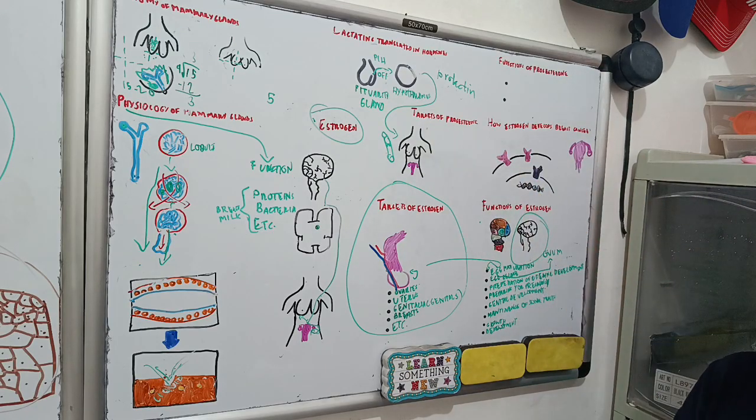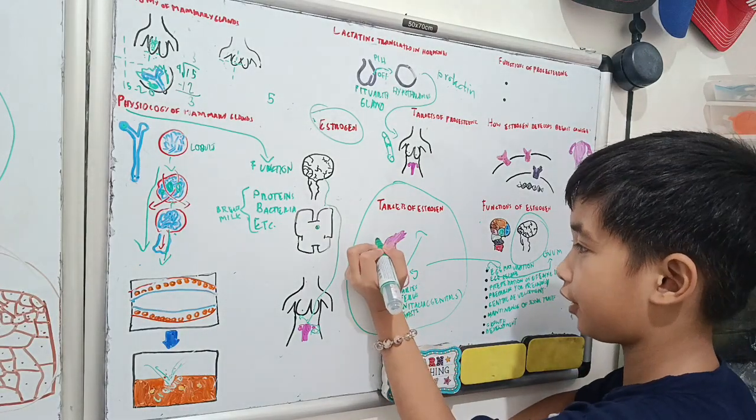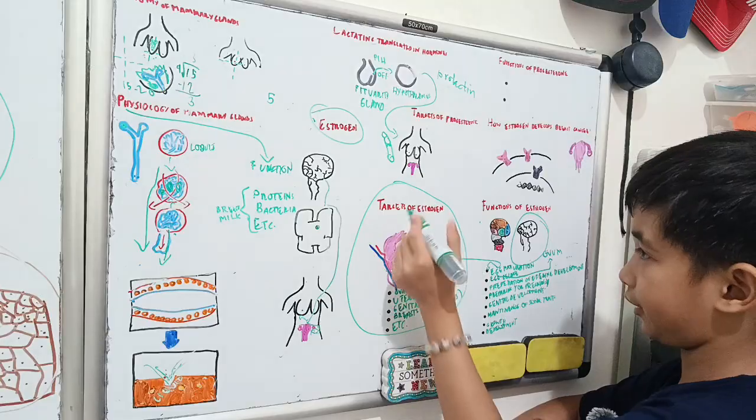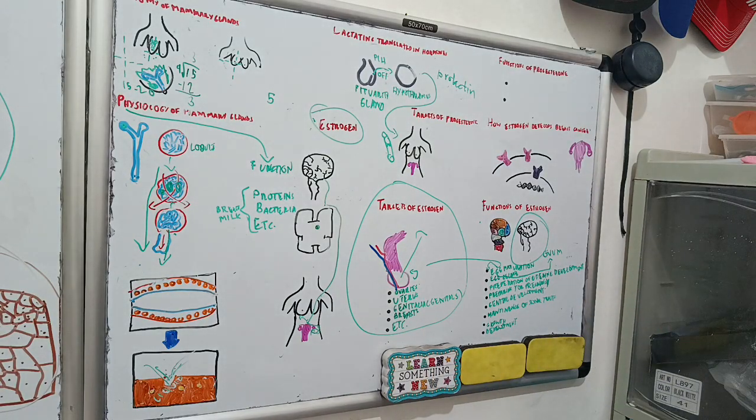Now what are the targets of progesterone? They are also released by the ovaries, the ovarian arteries and veins, like estrogen. So what are its targets anyways?